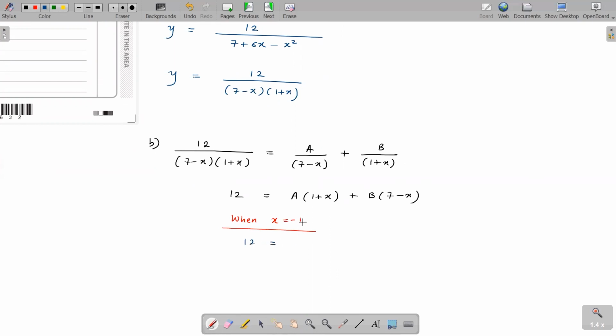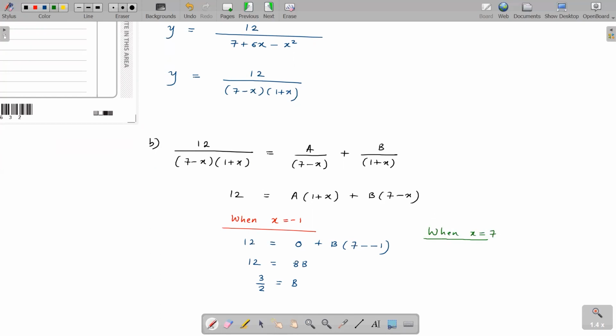12 equals a into (1 minus 1), that's a 0, right? So b into (7 minus minus 1), which gives me b equals 12 divided by 8, which is 3 over 2. So I get b equals 3 over 2. And let's find the a value when x is 7.